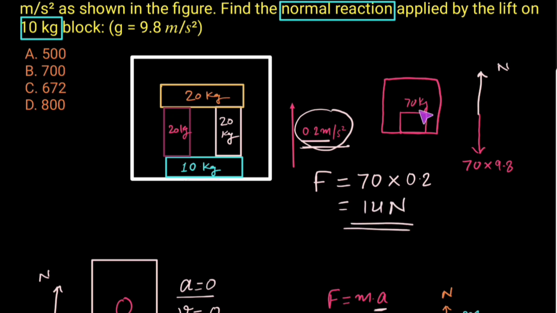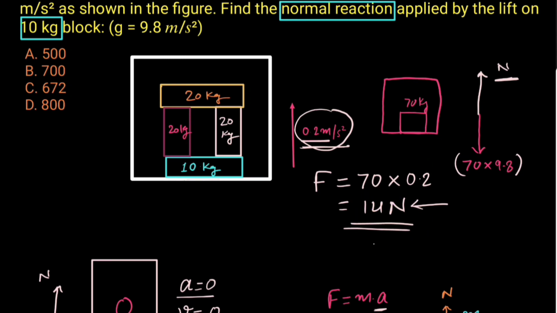So the total net force on this 70 kg block in the upward direction has to be 14 Newton. Then only this 70 kg block can move in the upward direction with 0.2 meter per second square. It means the total upward force would be greater than the total downward force on this block by a magnitude of 14 Newton.